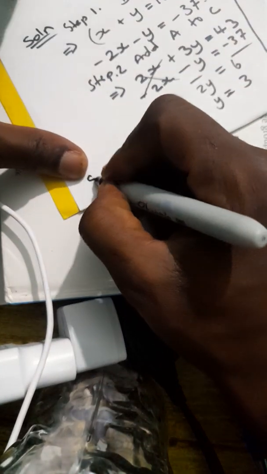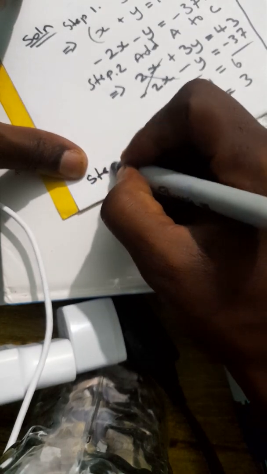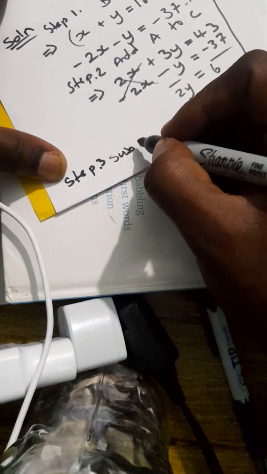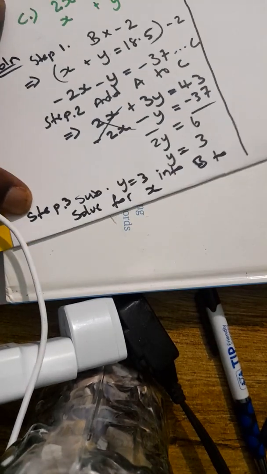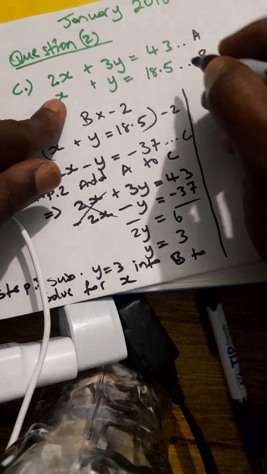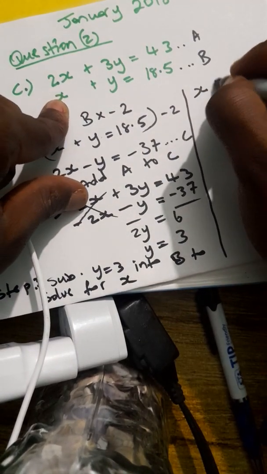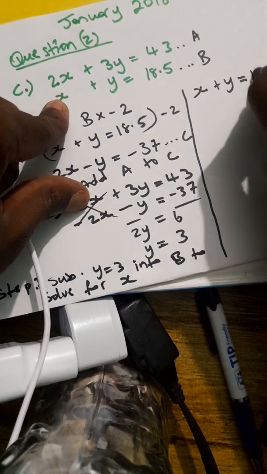Step 3: substitute y equal 3 into b to solve for x. This time we solve for x as normal, we don't solve for y. Write back b: x plus y equal 18.5.